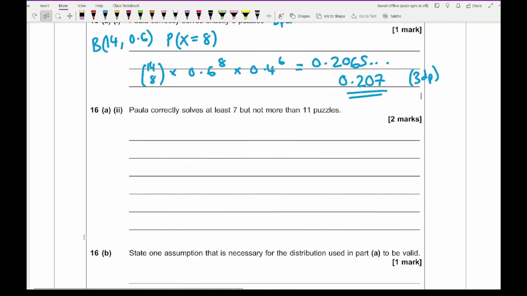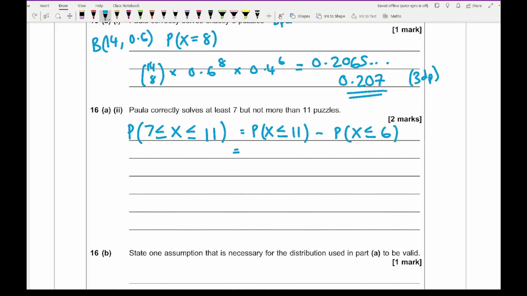Then it says Paula correctly solves at least 7 but no more than 11. So if we write this as what we're actually looking for, so x, we want at least 7 but no more than 11. So this is the calculation that we're working out. Again, you can either use your calculator to work this out, but it's basically going to be the probability of x is less than or equal to 11 minus the probability that x is less than or equal to 6.